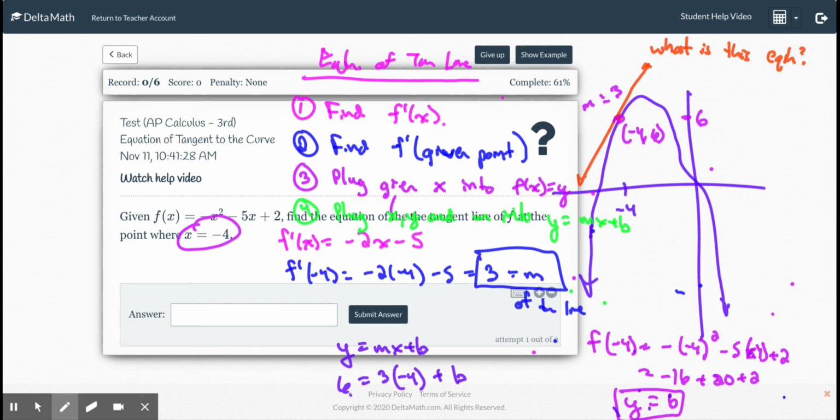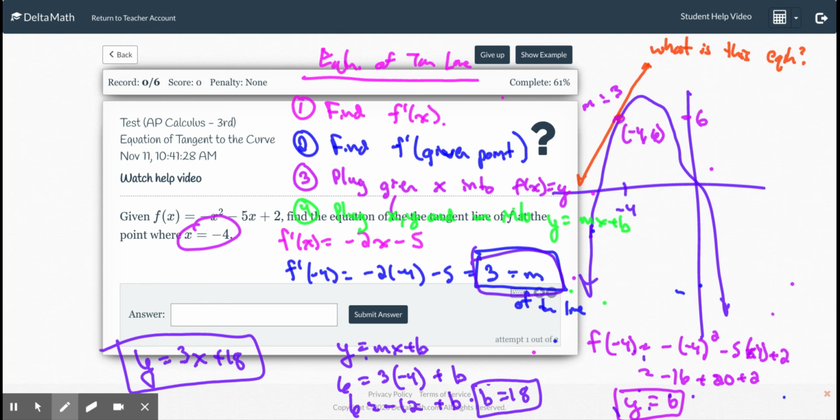That gives us 6 equals negative 12 plus b. Add the 12 over, it's 18. So b equals 18. So we got a b and we got an m. So our equation then is y equals 3x plus 18.